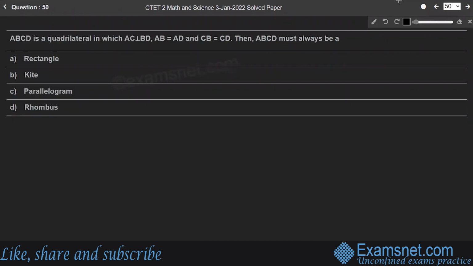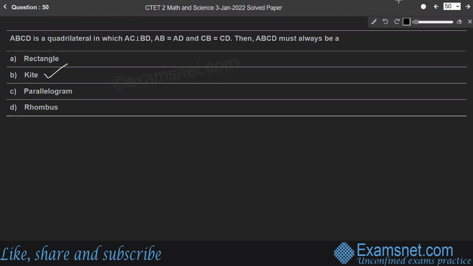Question number 50. ABCD is a quadrilateral in which AC perpendicular to BD, AB is equal to AD and CB is equal to CD. Then ABCD must always be a kite.